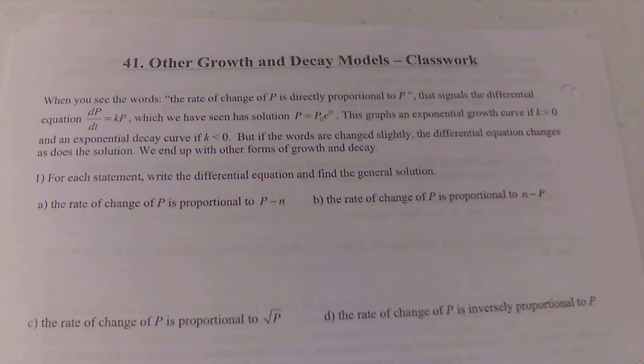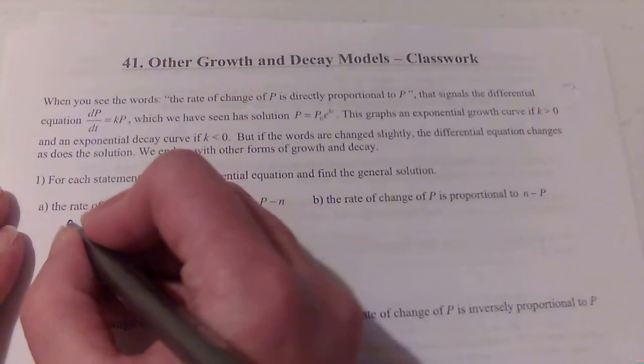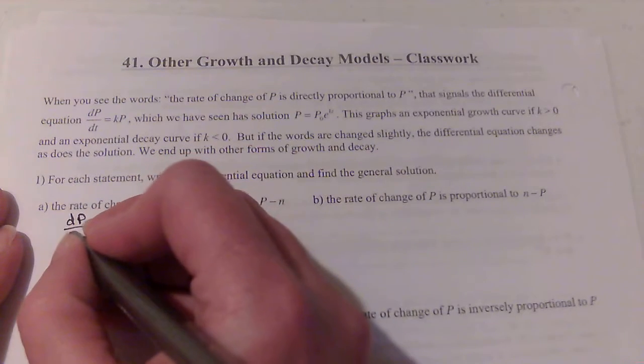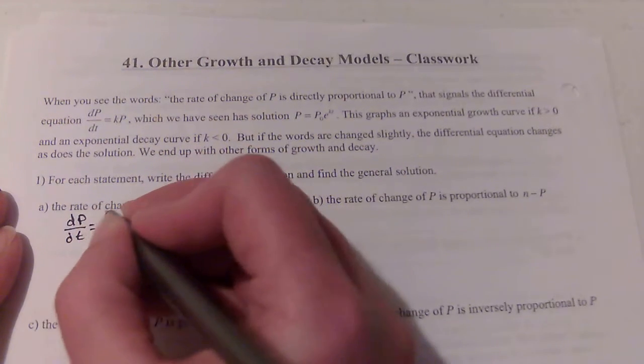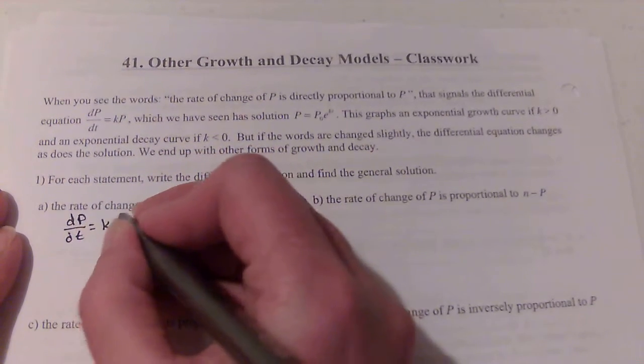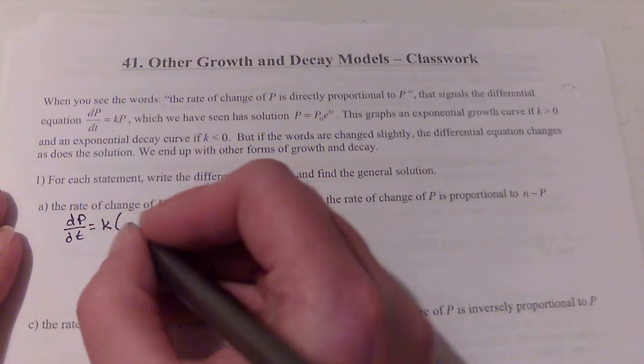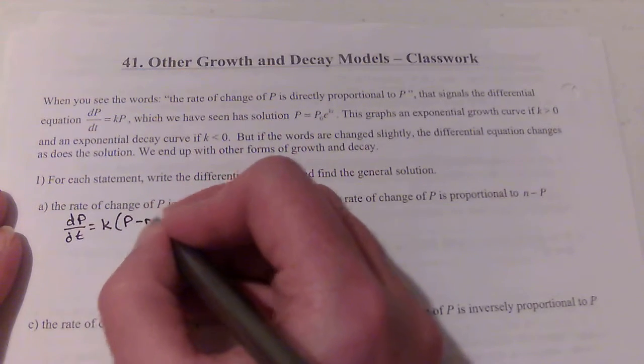But what if it says something just a little bit different? What if it said that the rate of change is proportional to p minus some n value? Well then, dp dt would be proportional, some constant, times p minus n.